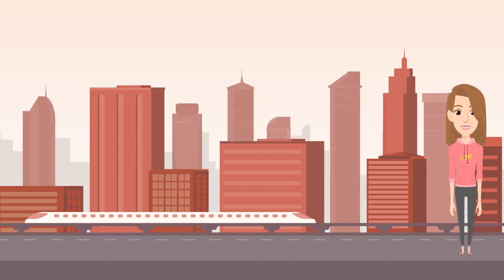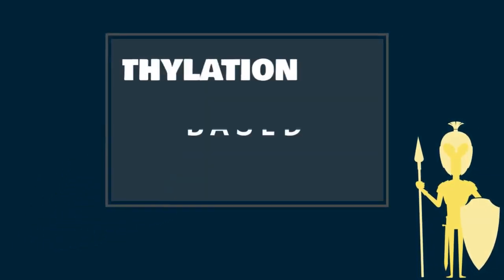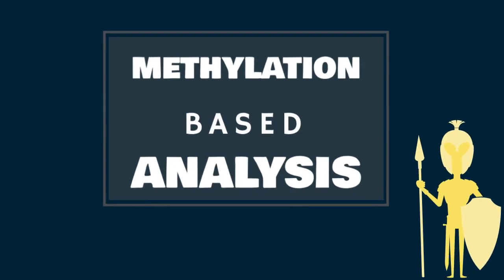Hi, this is Aini. I will be explaining on the current and future insight of forensic analysis. Methylation-based analysis is one of the current promising techniques for estimating chronological age in forensic analysis.